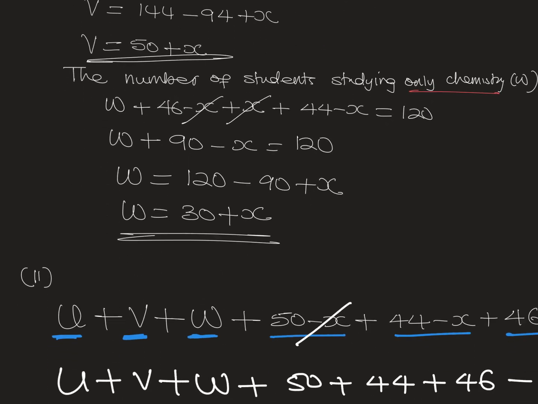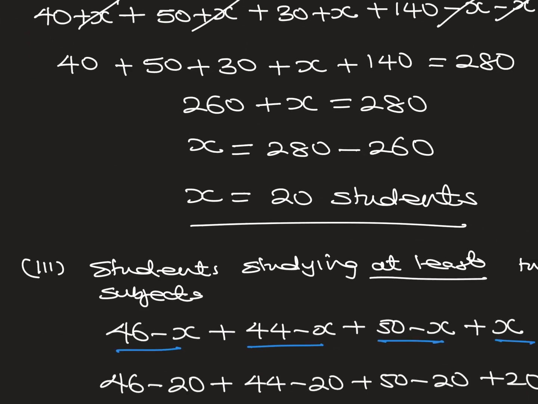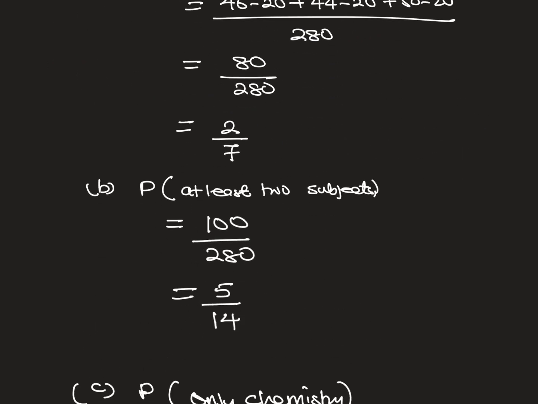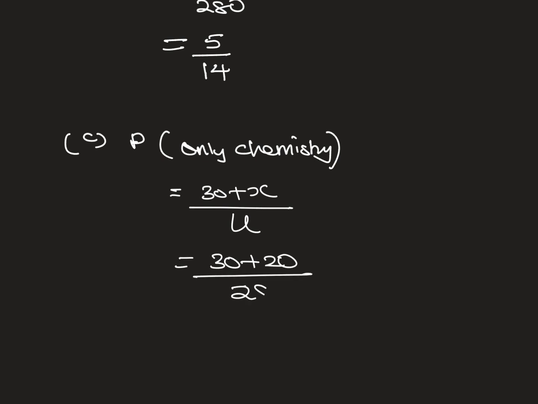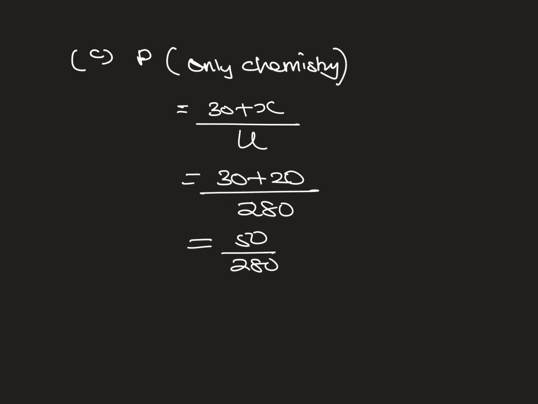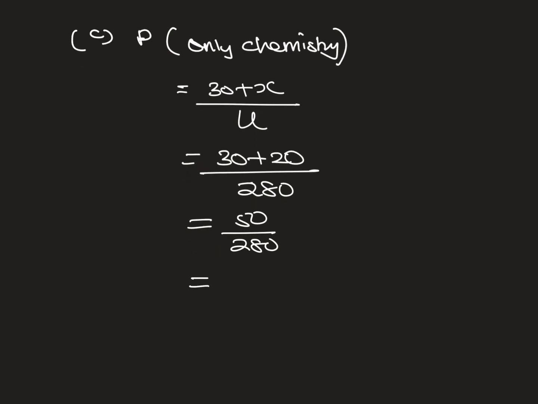W is 30 plus X. So which means the number will be 30 plus X. So we're going to have 30 plus X divided by the universal U. So that will be 30 plus X is 20 divided by 280. That is 50 over 280. So what will you have? You'll have 5 over 28. And that answers the question.